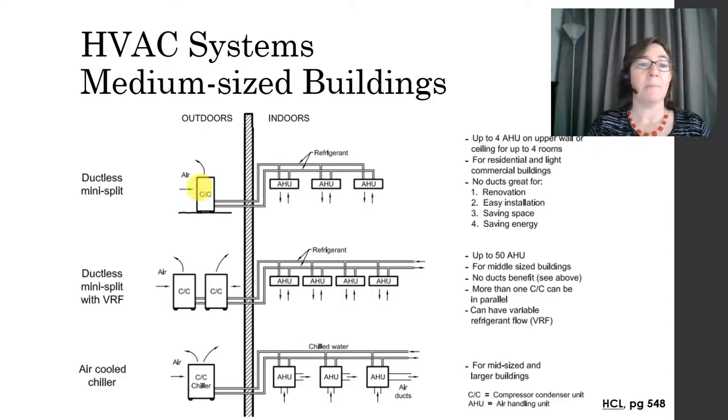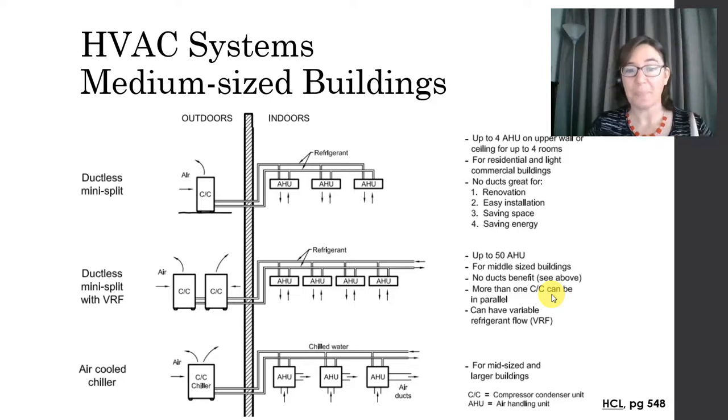All right. You can enlarge this system. We're moving into the medium size buildings, and by a more complex system, you can also add variable refrigerant flow by setting up your compressors and condensers units in parallel.